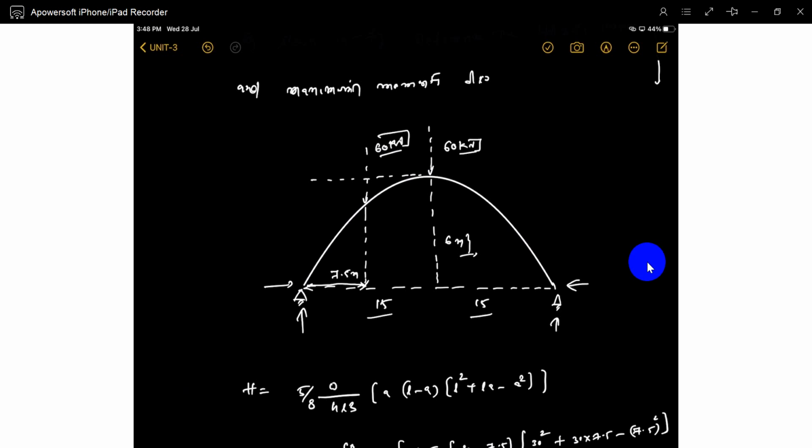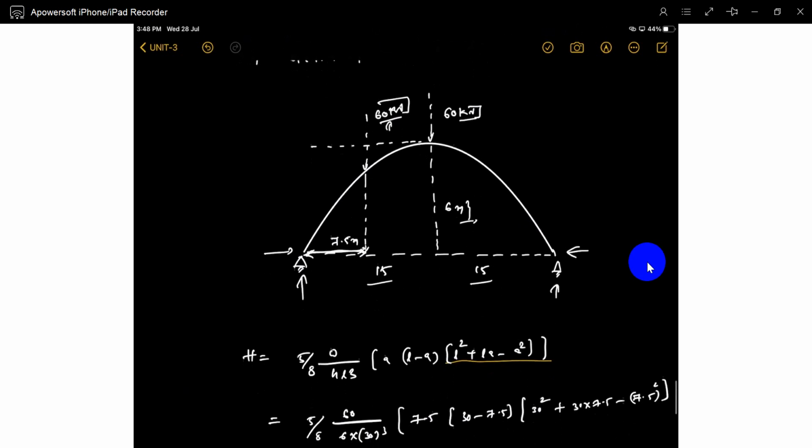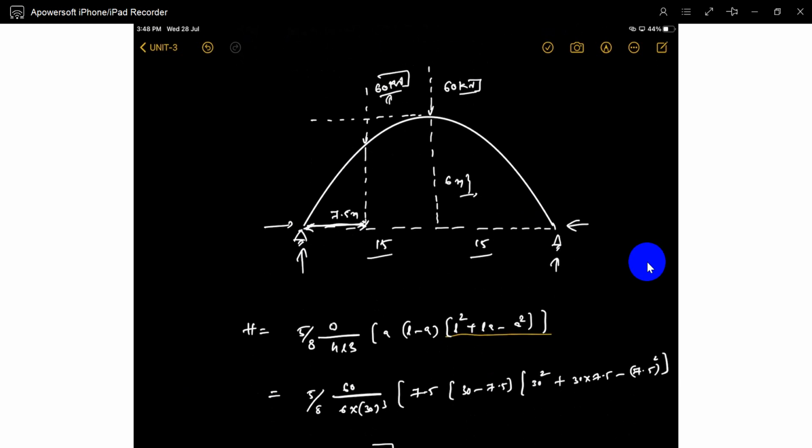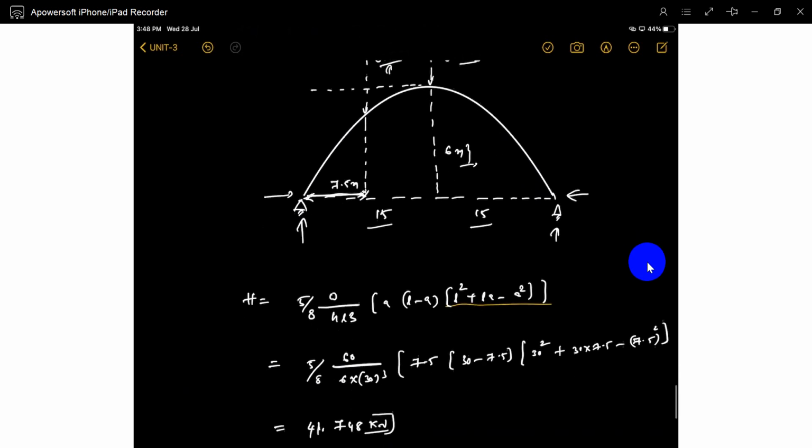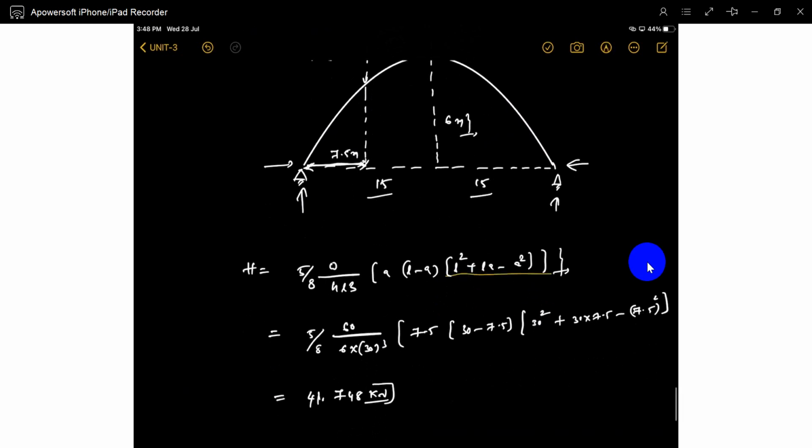The loading is 60 kilonewtons at a distance of 7.5 meters from the support. So what is the horizontal thrust? This is the formula. You will get 41.748.